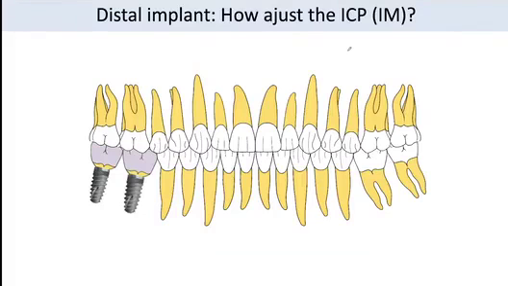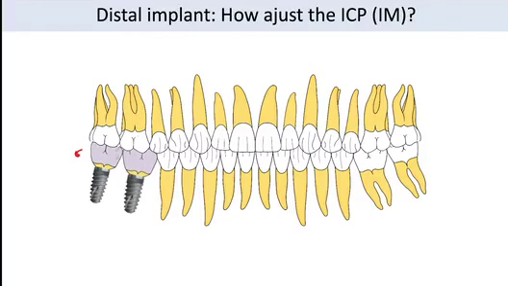Okay, another situation is the distal implant. No natural teeth behind here, in the distal part of the arch. How to adjust the ICP?